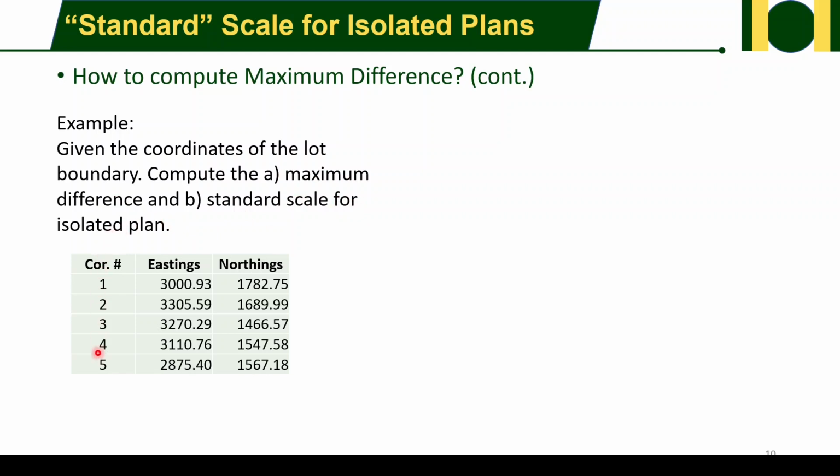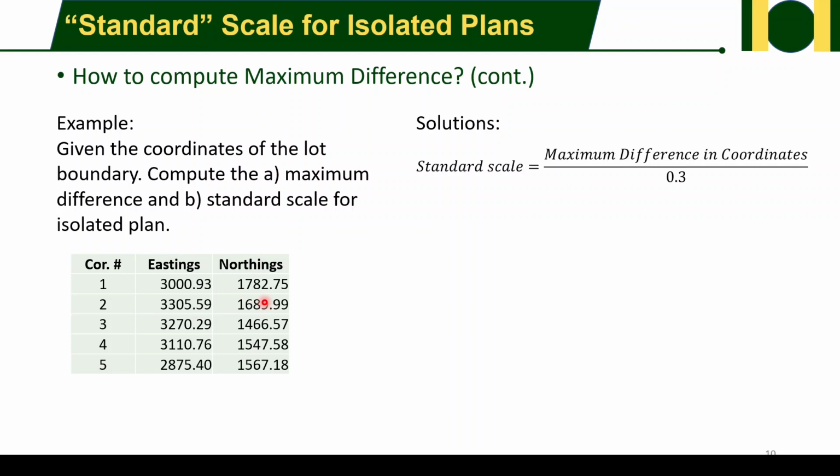You have the corner numbers, the eastings and northings of each corner. For the solution, we have to go back to the scale. Standard scale is equal to the maximum difference in coordinates divided by 0.3.